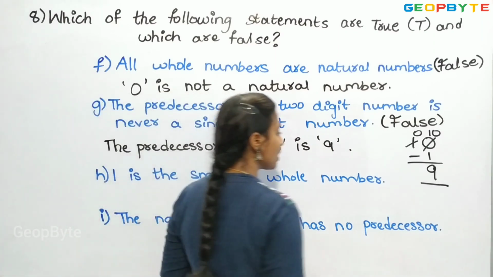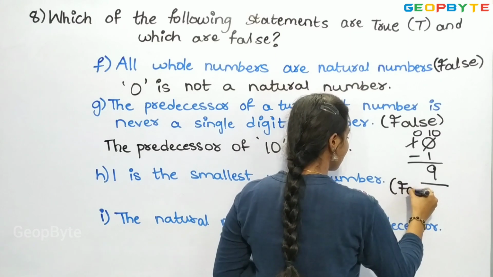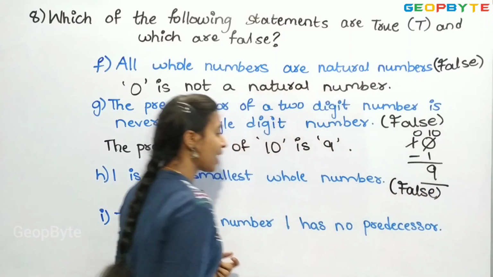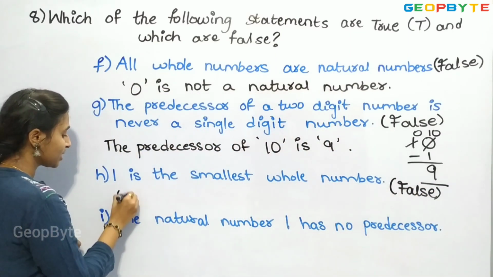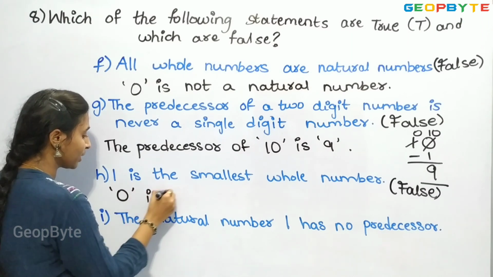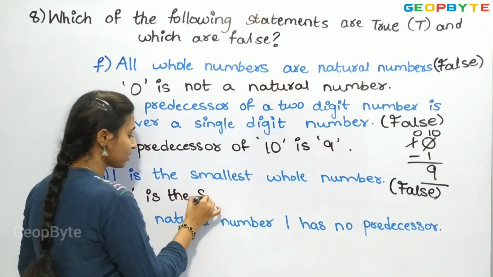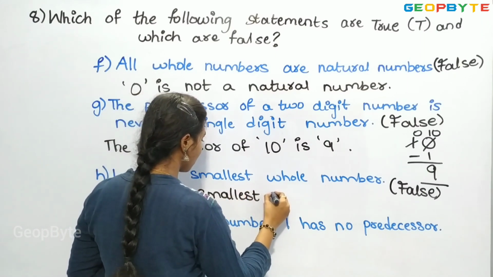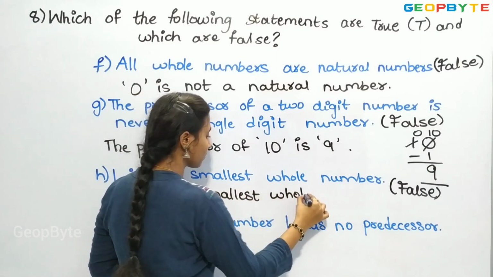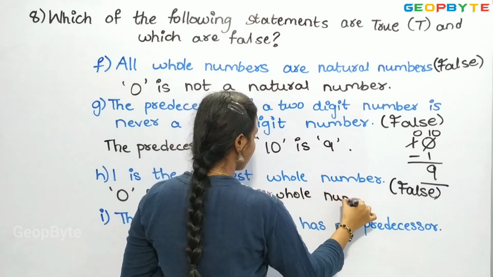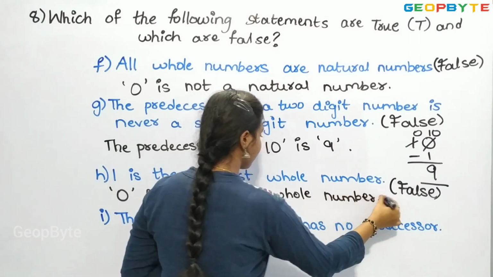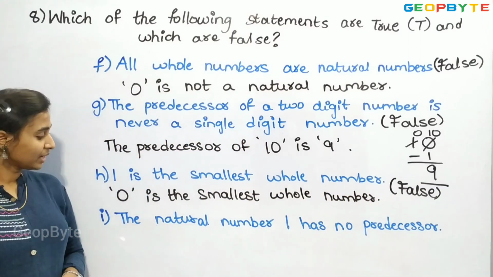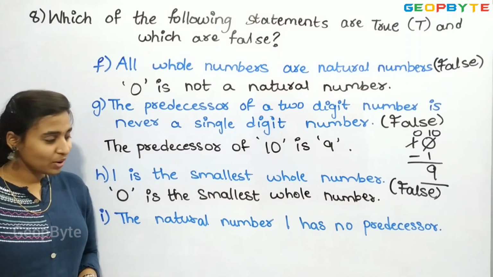So, this is false. And the reason is 0 is the smallest whole number. Right? 0 is the smallest whole number.